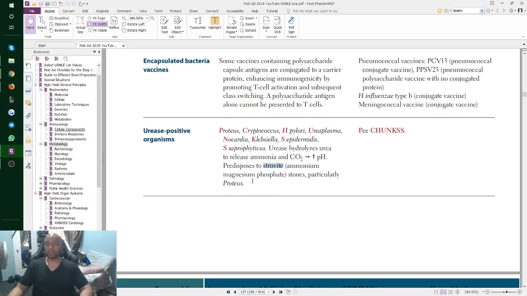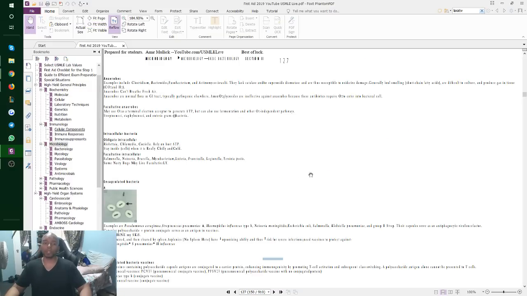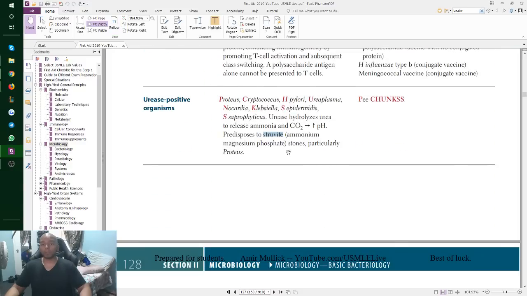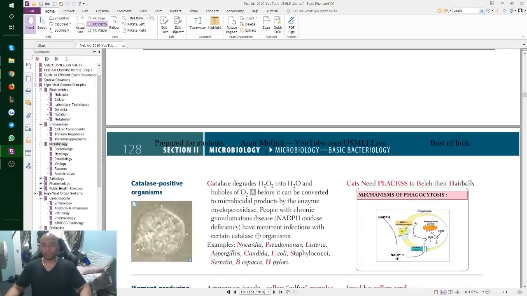If you ever see an ammonium magnesium phosphate stone, it's usually because of Proteus. And you have to remember what all those stones look like. And in renal, they tell you that the ammonium magnesium phosphate stone has this coffin lid shape, right? So you have to remember that. If a question describes to you a coffin lid shape, you know that you're talking about most likely Proteus mirabilis.